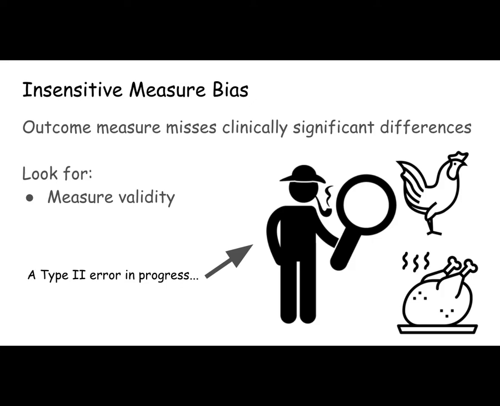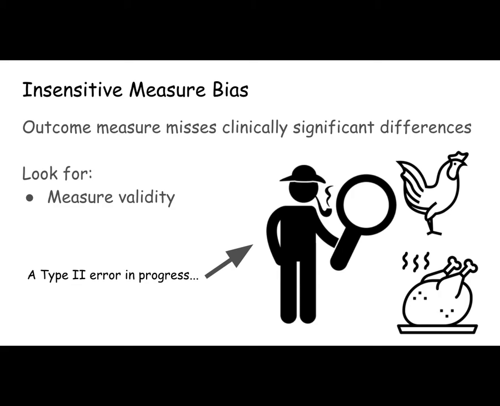Insensitive measure bias is looking at the precision of your measure. So is your measure going to capture clinically significant differences? So in a lot of OT literature, we're looking for some sort of change as a result of the intervention.